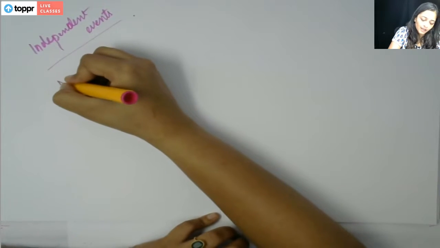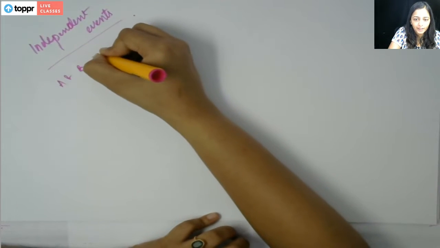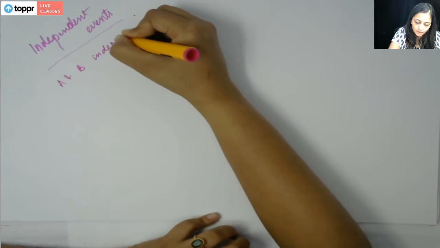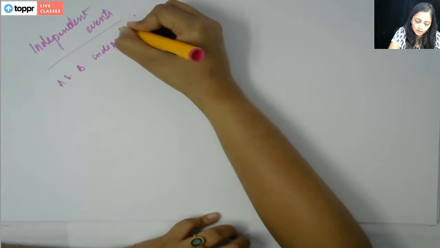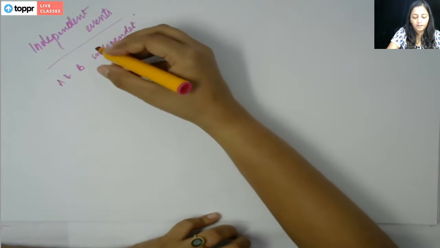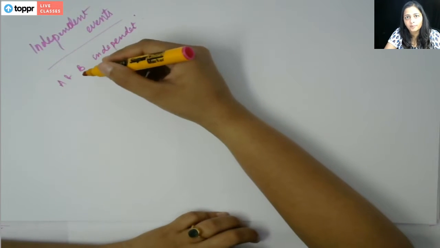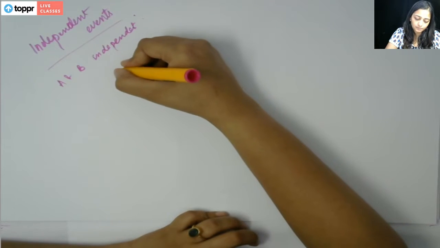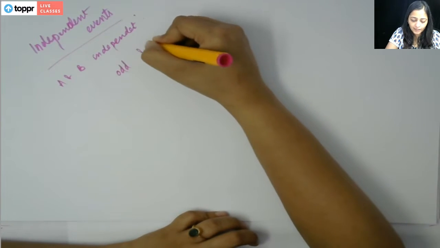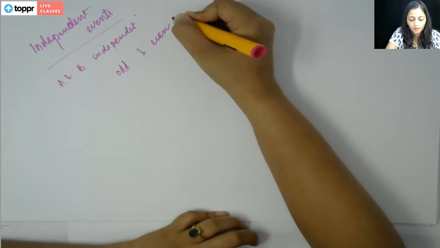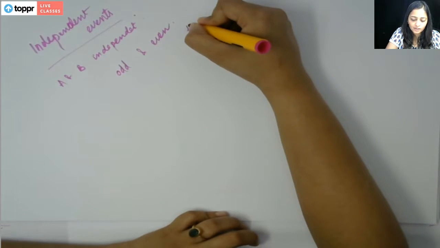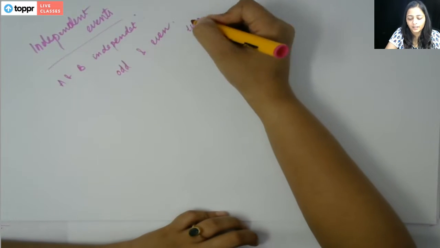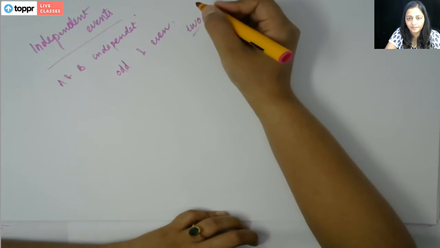Events A and B are said to be independent if the occurrence of A and B does not affect each other, like getting an odd number and an even number on the throw of 2 dice. You can get an odd number on the first die and an even number on the second die. It doesn't affect each other.